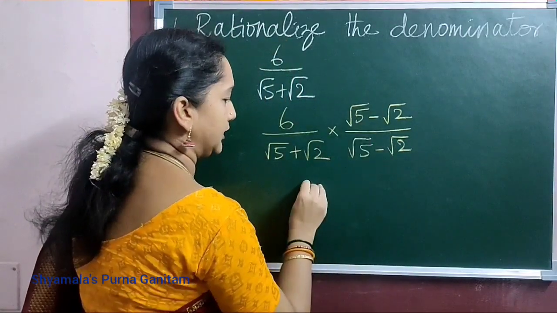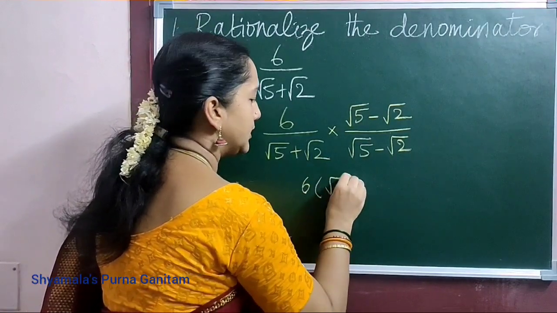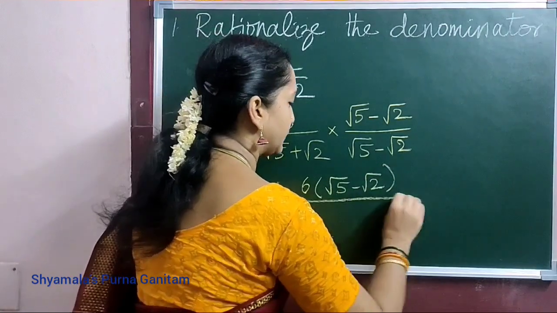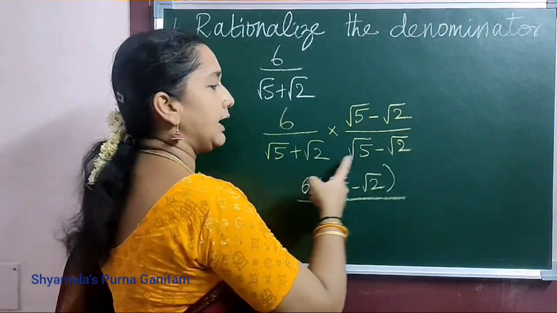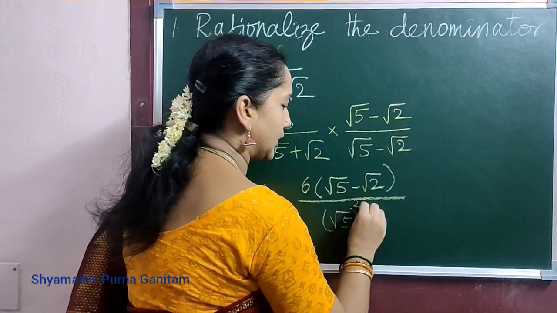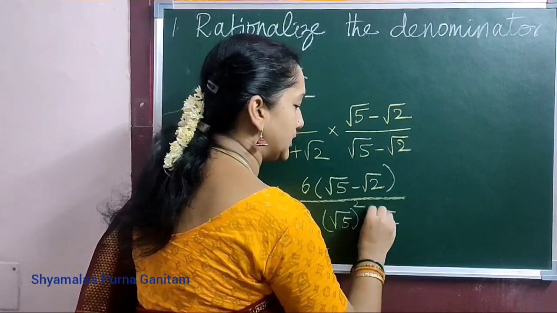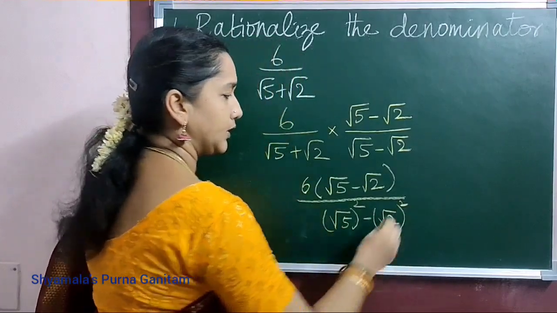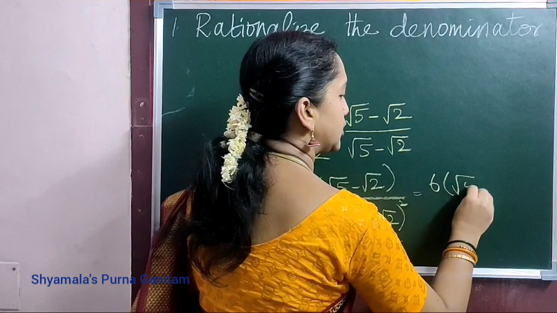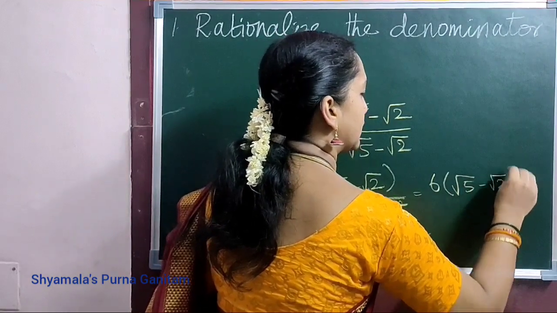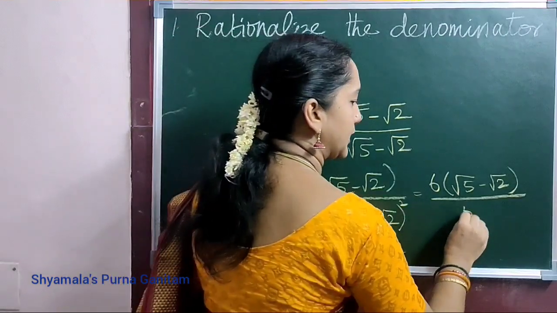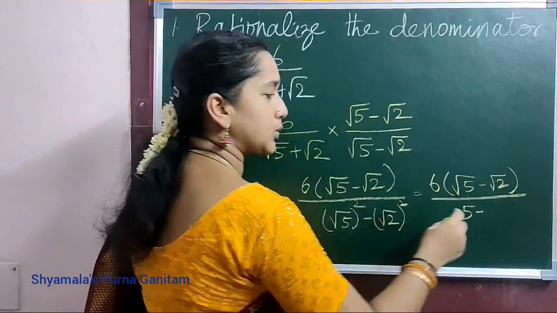You multiply this. In the numerator, 6 into root 5 minus root 2. The denominator is a plus b into a minus b, so this is a squared minus b squared. The numerator won't have any change. So 6 into root 5 minus root 2 by, root 5 the whole squared is 5, root 2 the whole squared is 2.